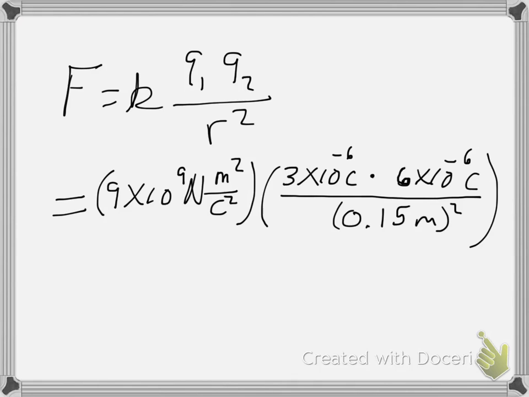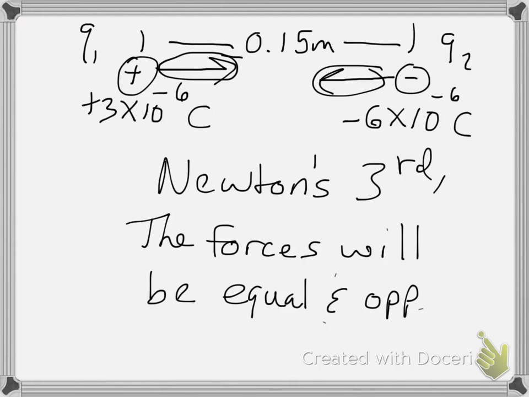Many books write Coulomb's Law with the absolute value of our charges, and then it's up to you, the problem solver, to determine which direction each force is in. Let's call this force 1 and force 2. They're going to be equal, and the direction is based on whether the charges are attractive or repulsive.